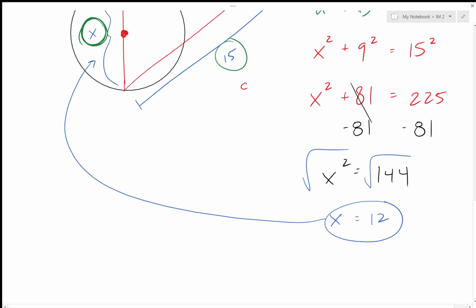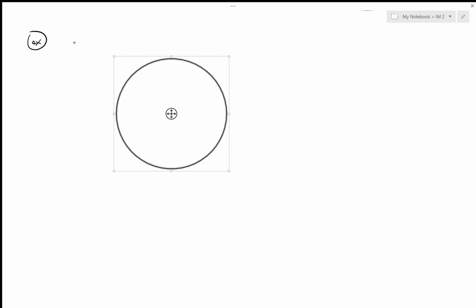one last one, and this one's going to give us decimals, but it really doesn't change up the problem too much. It just makes our plugging into the calculator a little bit harder. So again, circle. We have the center of the circle. Right there is the diameter. This line over here is tangent to the circle.